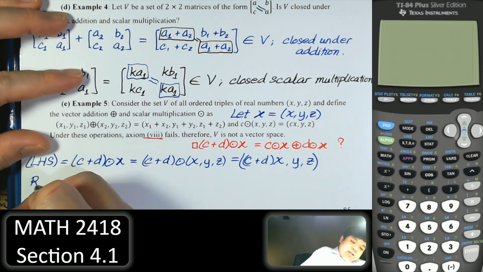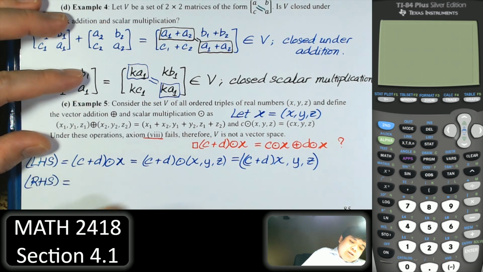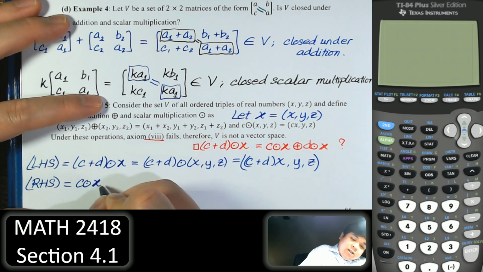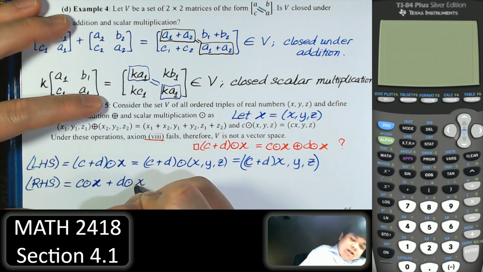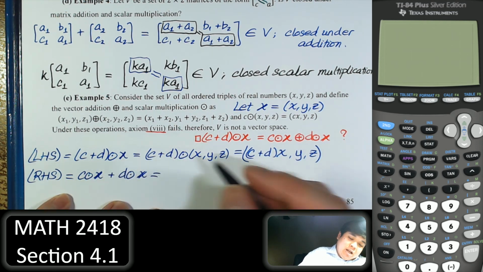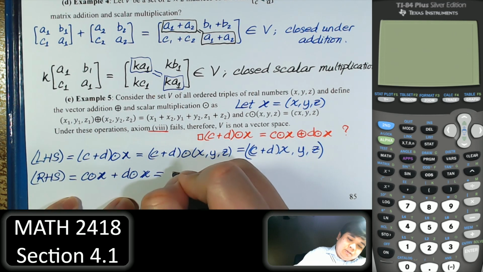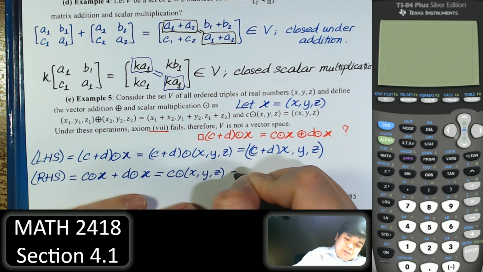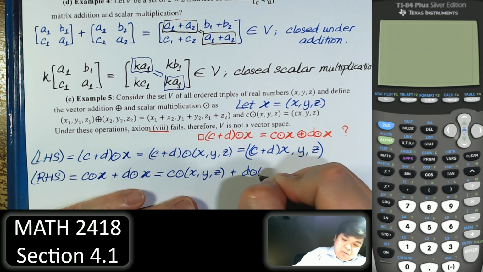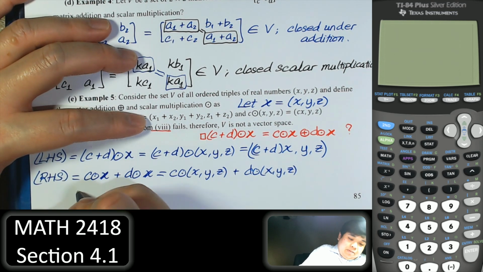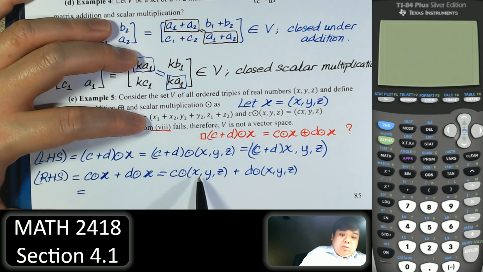Now the right hand side. The right hand side is going to be C multiplied by the vector X plus D multiplied by the vector X. Of course, multiply first, add later. So C times X. When we do the scalar multiplication in this definition, it is only multiplied by the first.